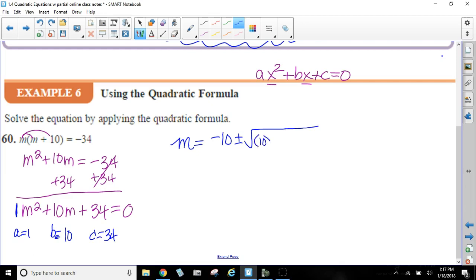I'll write it out for this one: 10 squared minus 4 times the a value of 1 times the c value of positive 34. Now all of this is going to be divided by 2 times the a value.